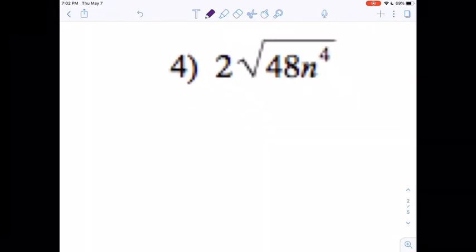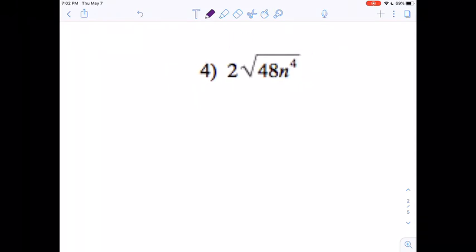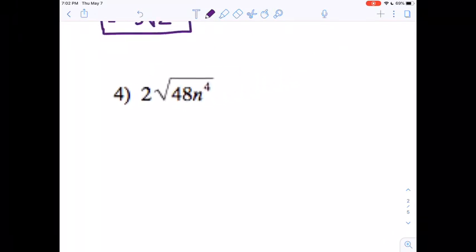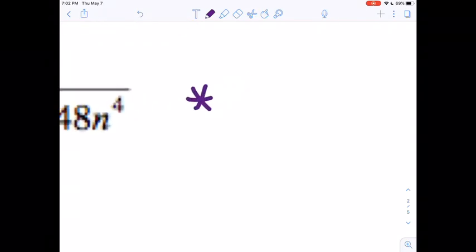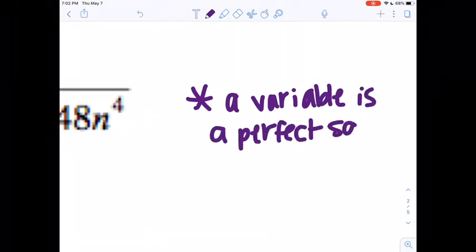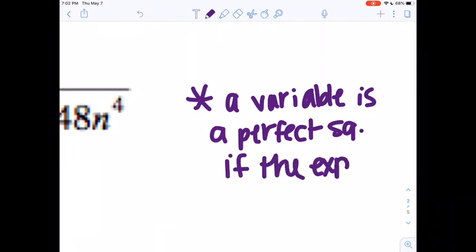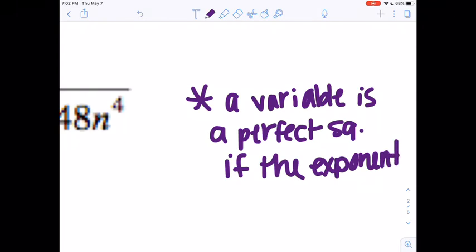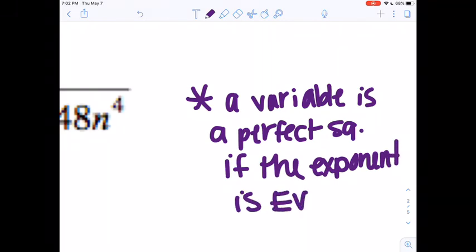Okay, number 4. We talked about this in the first semester when we were taking square roots of variables. But I want you to write this now. A variable is a perfect square if the exponent is even.